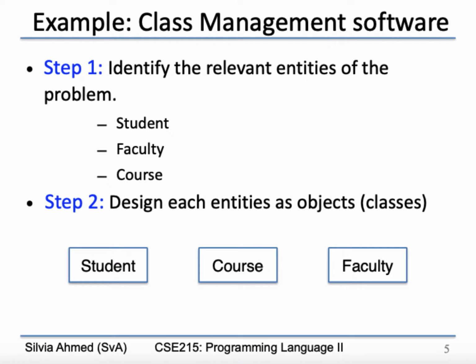So let's say when we think of our class and what we need to manage in a class, we first come up with these three entities: students, faculty member, and the course itself. After we come up with these entities, we need to design them as our objects or classes. So we now have three target classes in our design.